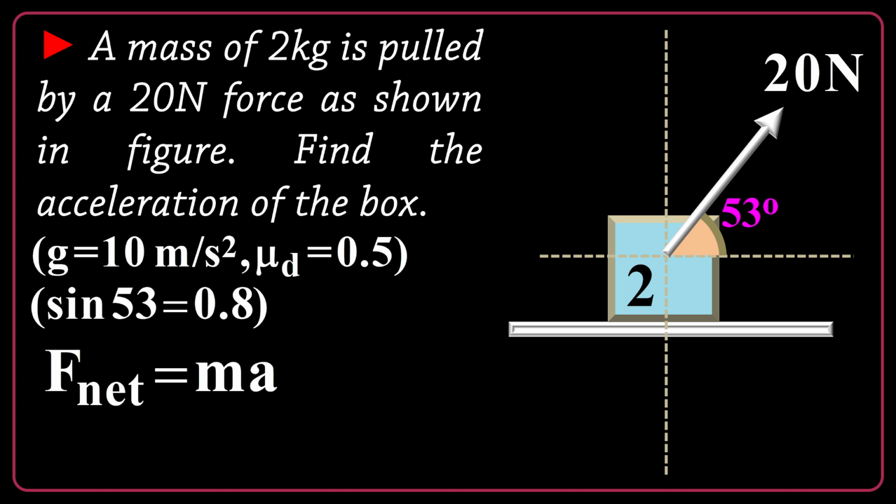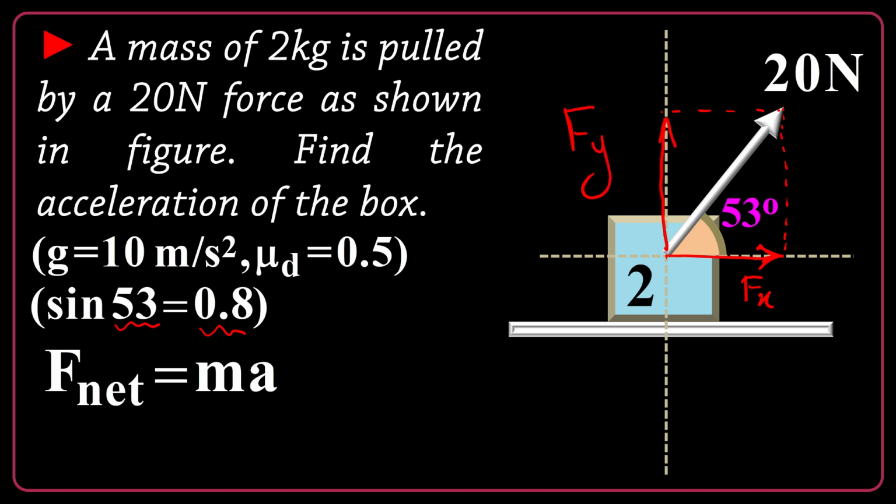How to decompose this force? Sine of 53 degrees is given to be 0.8. For decomposing this force, I will have a horizontal component, let's say Fx, and a vertical component here, which is called Fy.